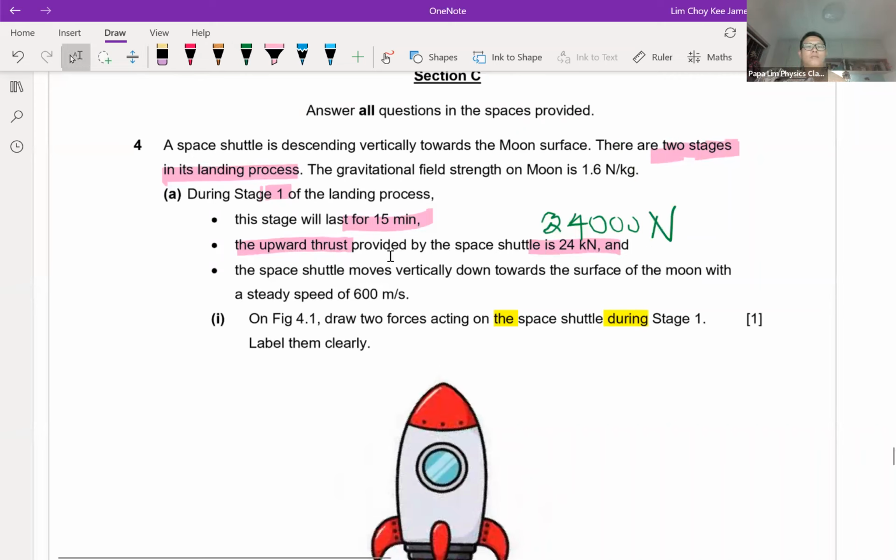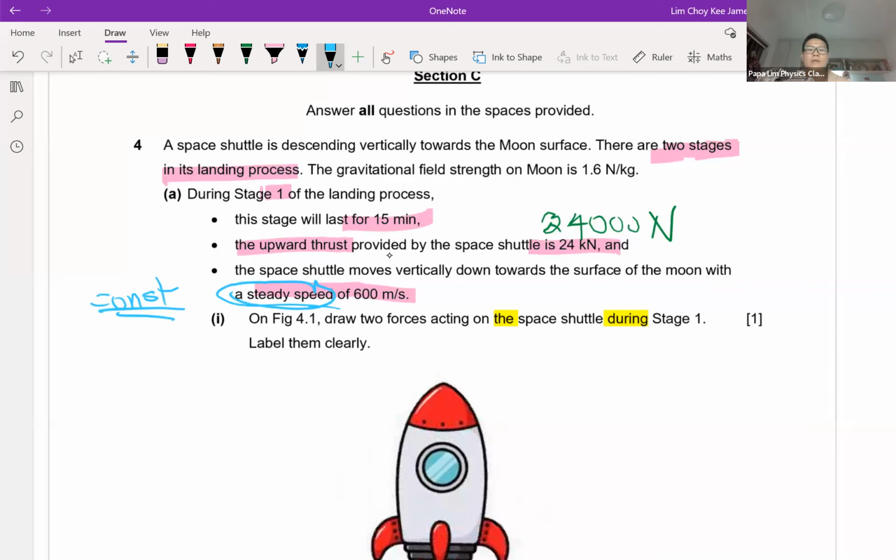And definitely the object has mass, so it definitely has weight. After that, it moves vertically downwards with a constant speed of 600 meters per second. Same thing, the important thing is steady speed, or constant speed.